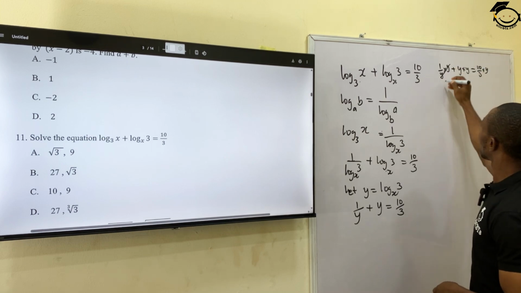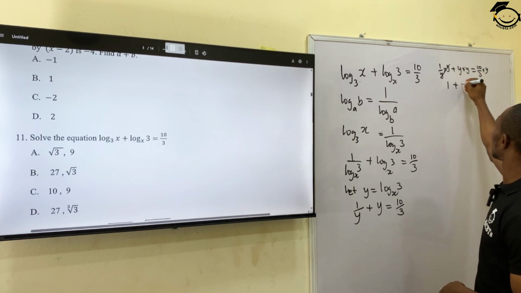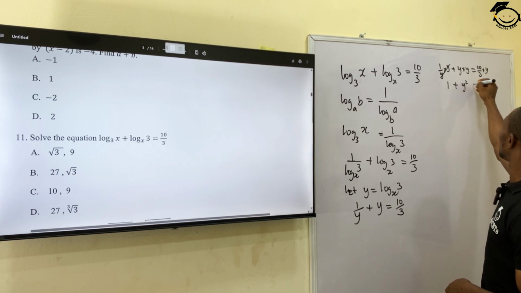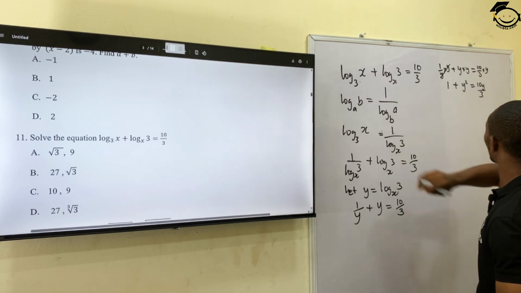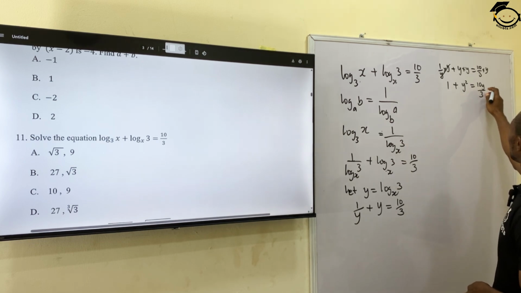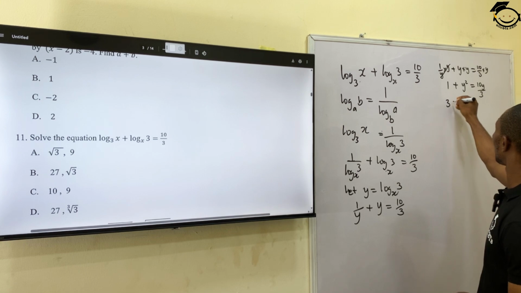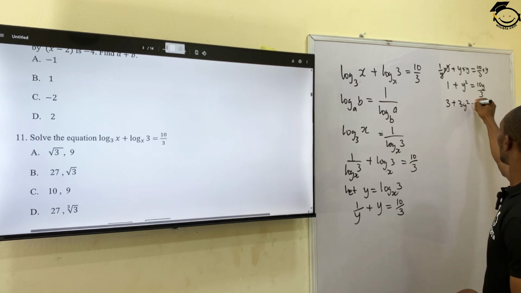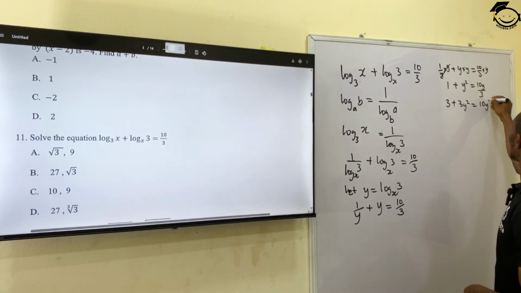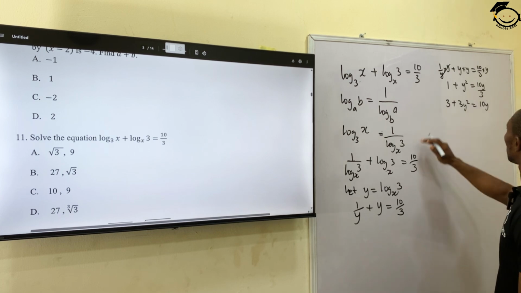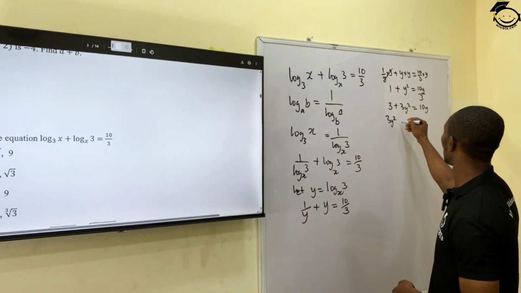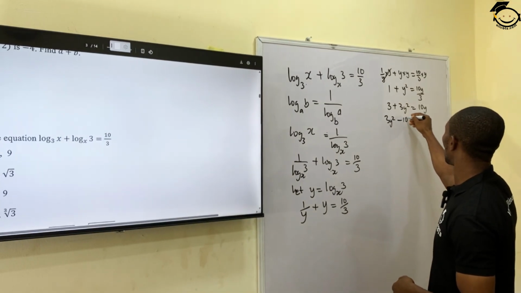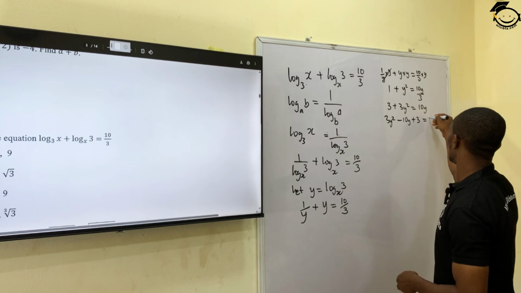So this cancels out, leaving us with 1 plus y squared equals 10y over 3. Multiply through by 3 too to eliminate this. This becomes 3 plus 3y squared equals 10y. Forming this into a quadratic equation, this becomes 3y squared minus 10y plus 3 equals 0.